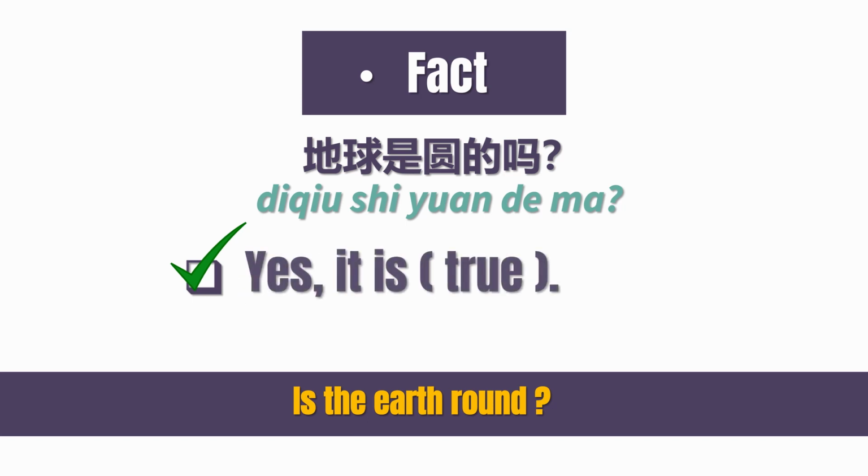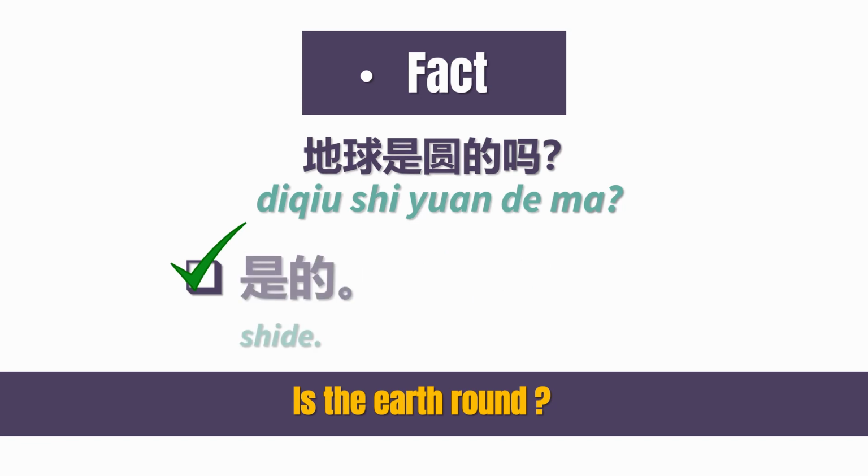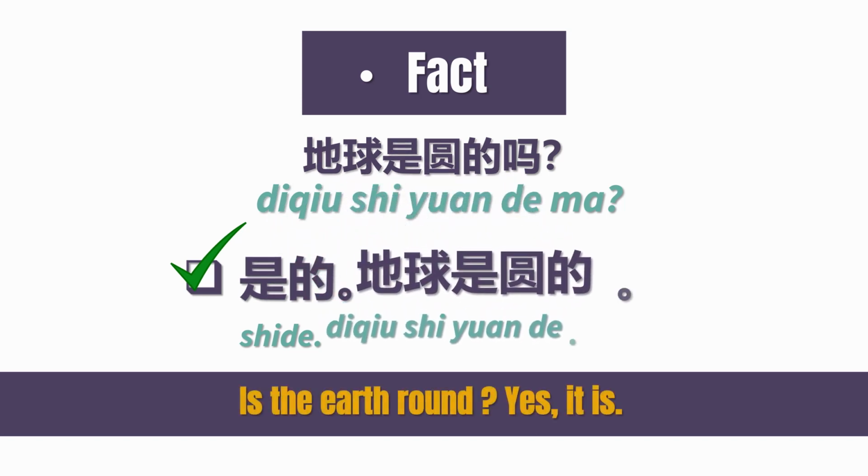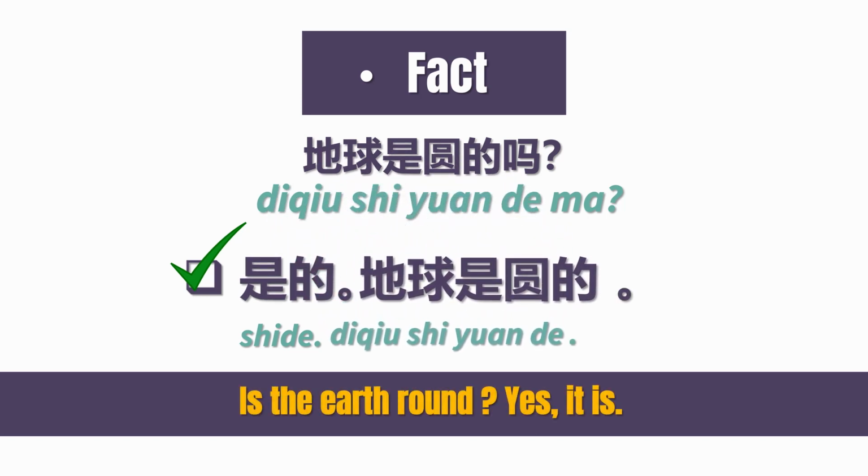Yes, it is true. And ideally, you would add something to this question just like you would in English. Yes, it is. In Chinese, it is 是的. Then, you simply repeat the question without the ma, where the fact is stated. 是的, 地球是圆的.